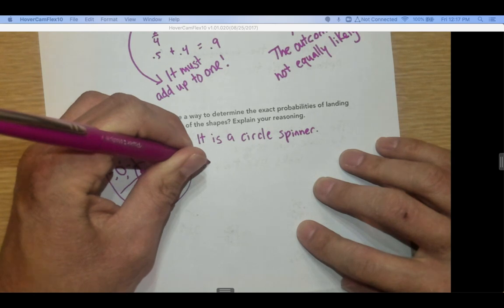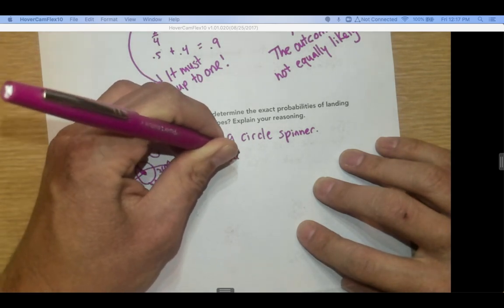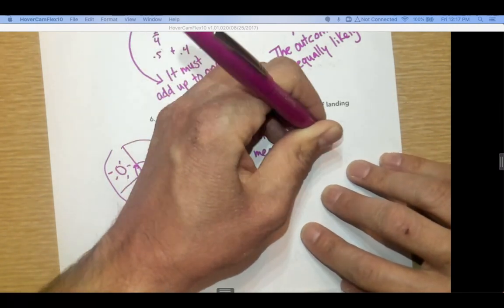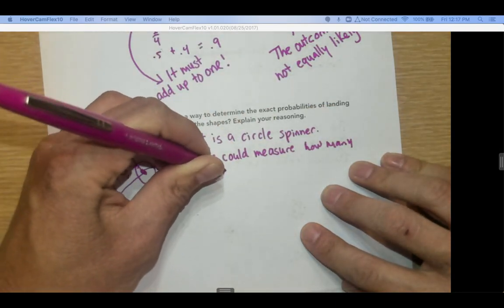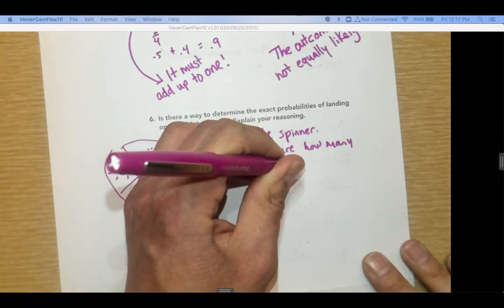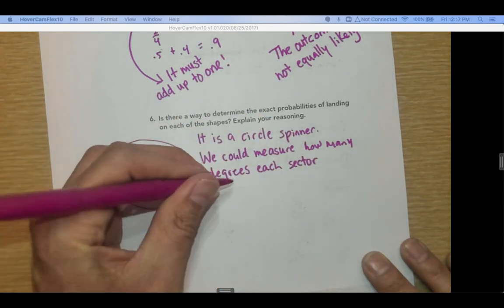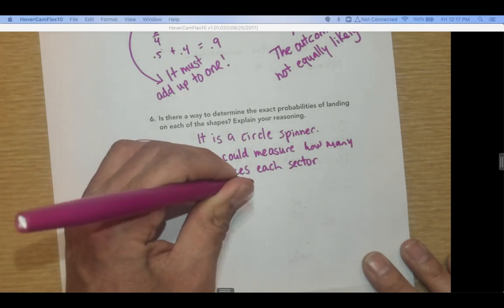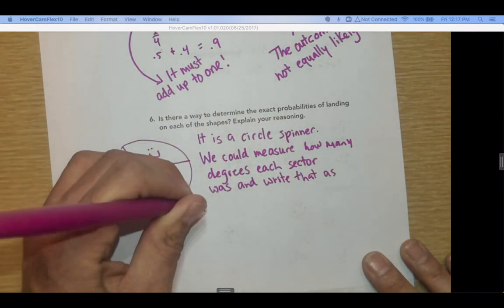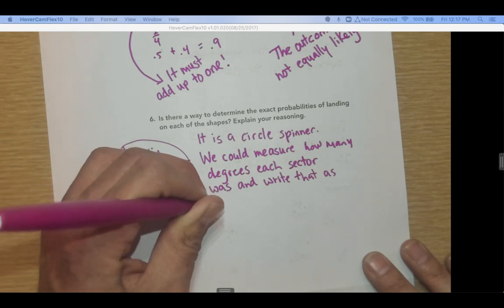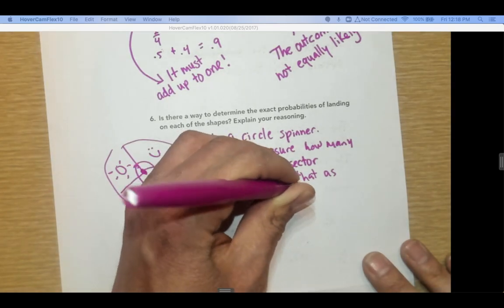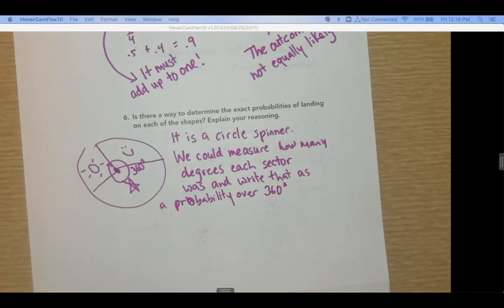So we could measure how many degrees each sector was, and write that as a probability over 360 degrees. In fact, I think I might do that. 1 second.